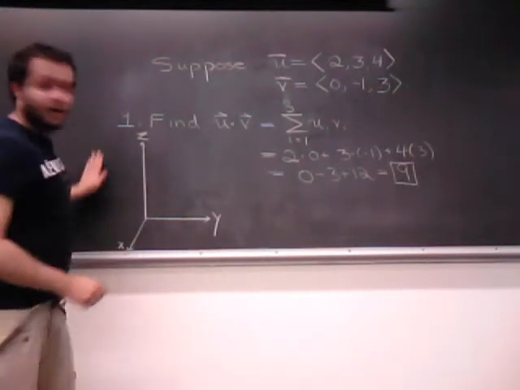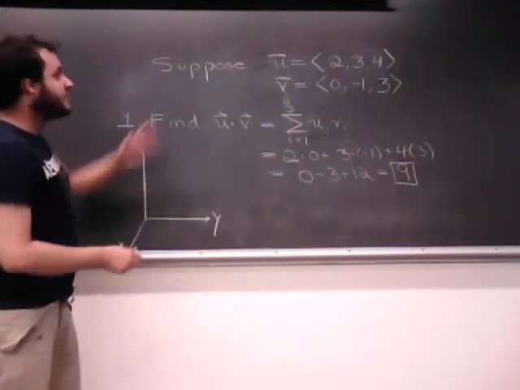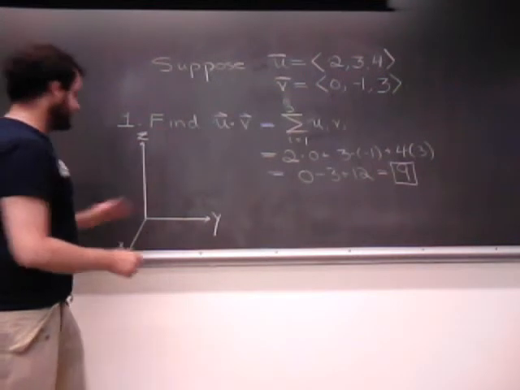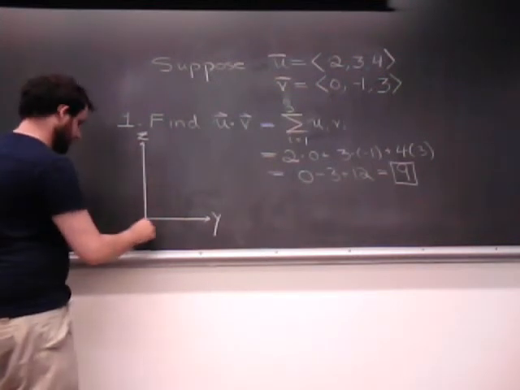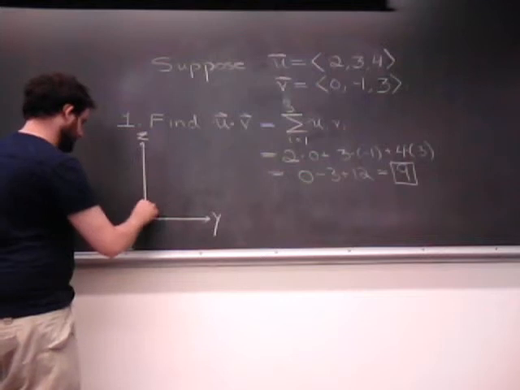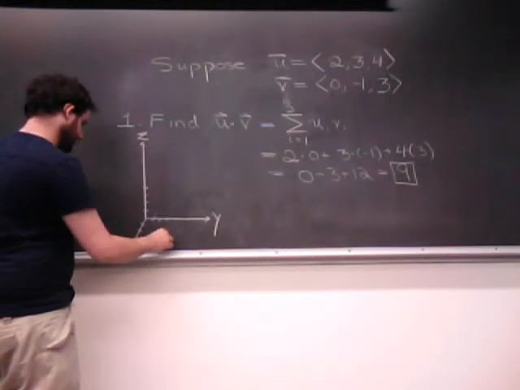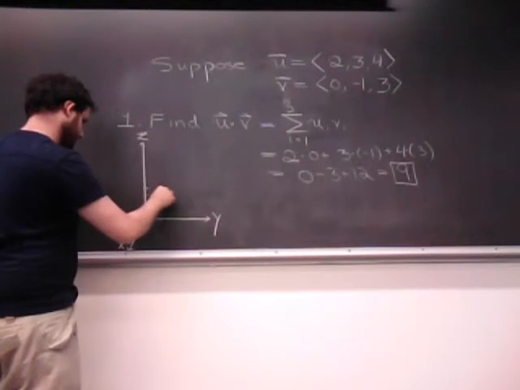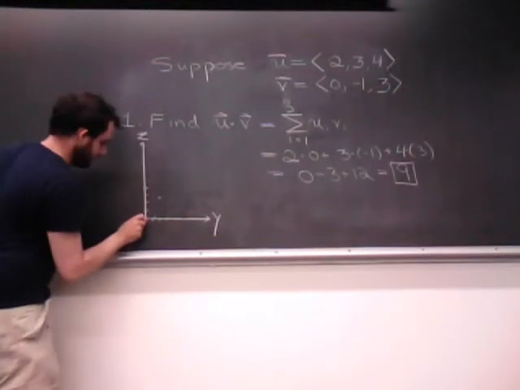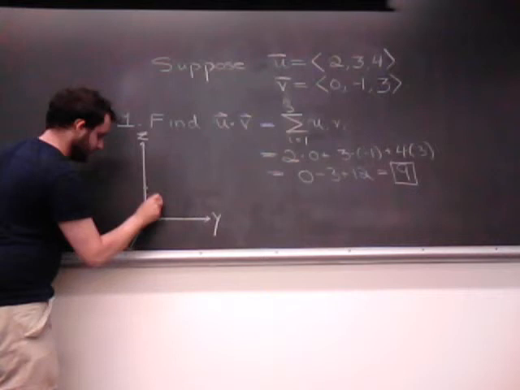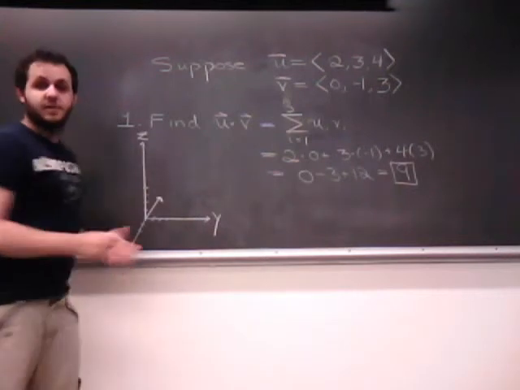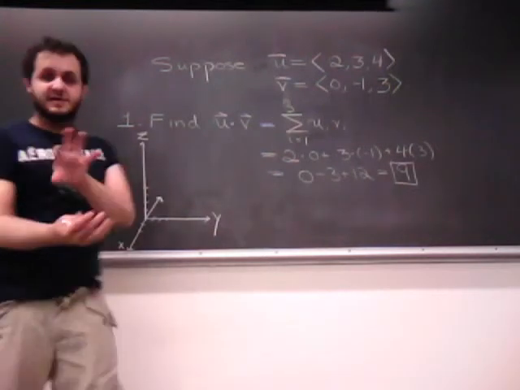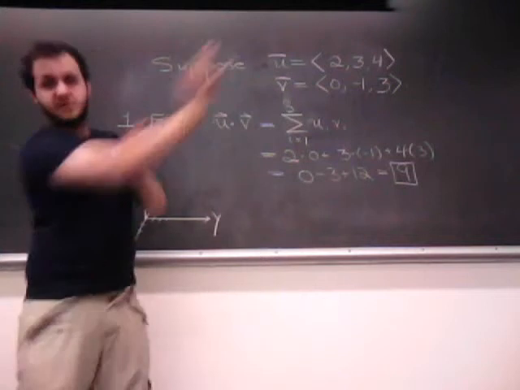So suppose we had a force in the direction 2, 3, 4 on some object. The object is sitting at the origin, and we exert a force on it in that direction.